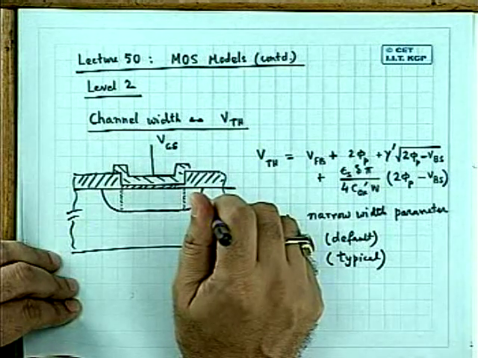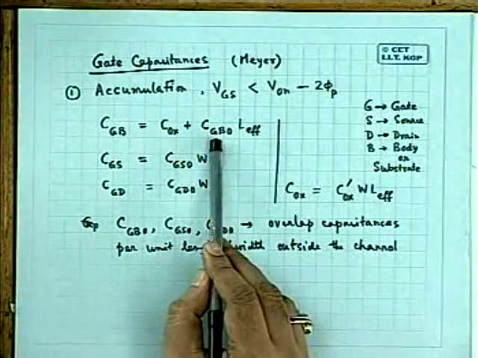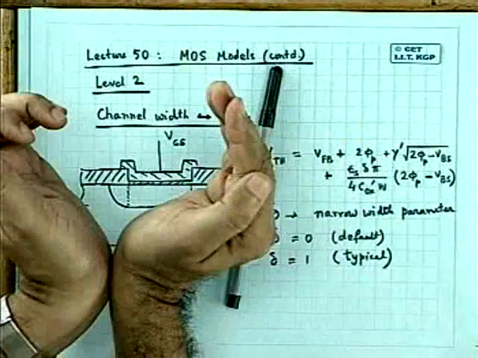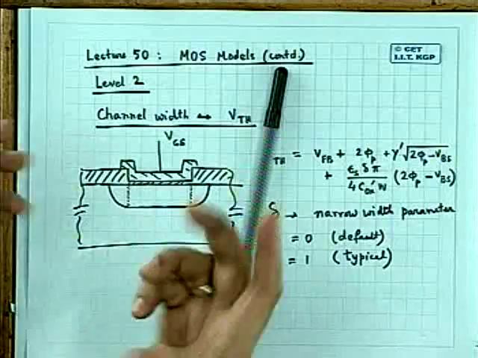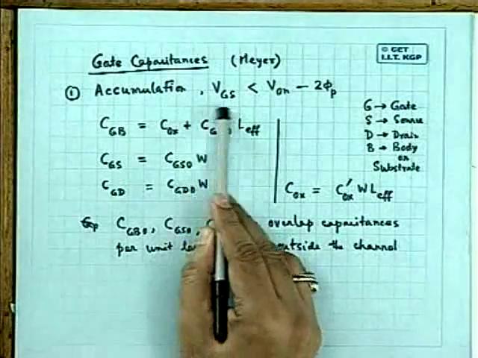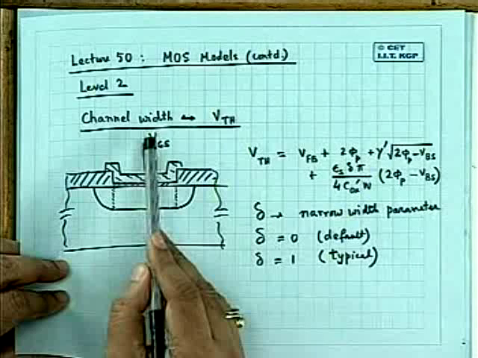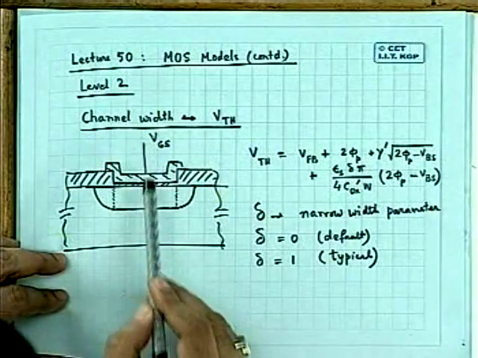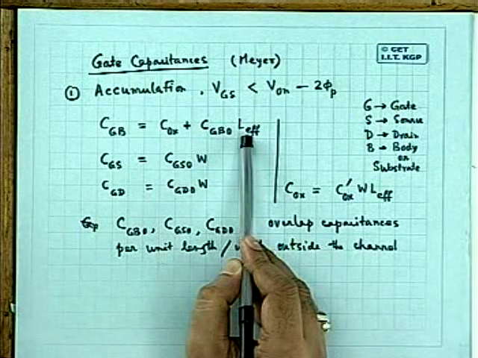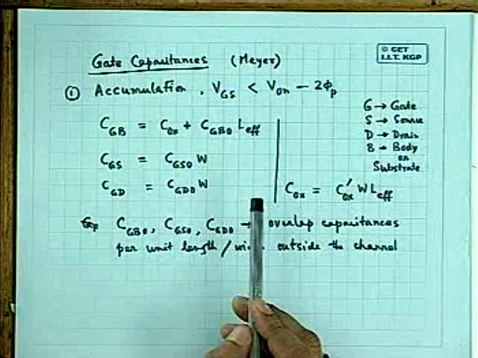Okay? So what is the significance of CGBO? CGBO is this overlap capacitance taken two together per unit channel length. So if we multiply it by the channel length, we get the total overlap capacitance. So COX is the capacitance of the actual channel region between the gate and the substrate, and CGBO effective is the overlap capacitance due to the overlap on either side.